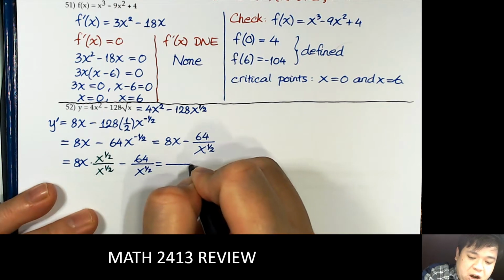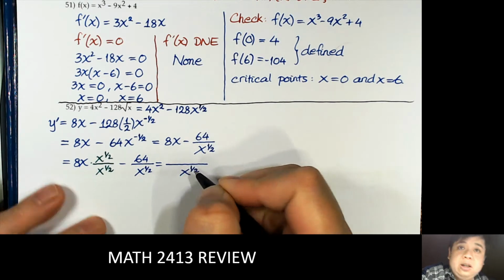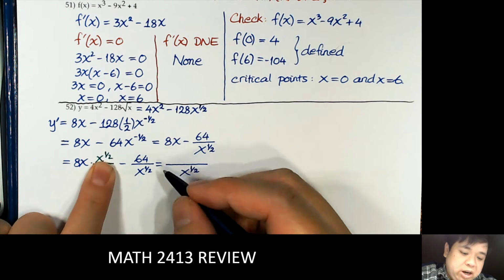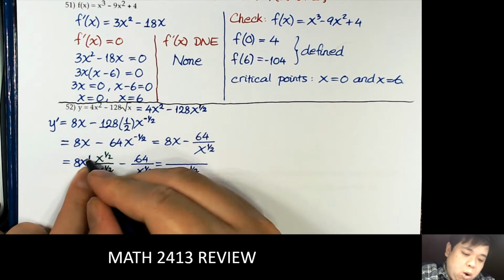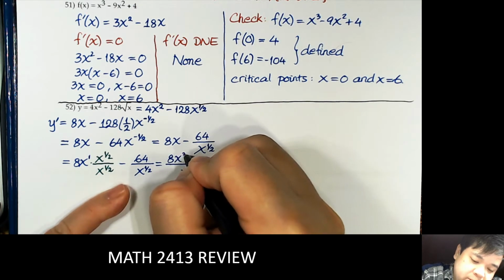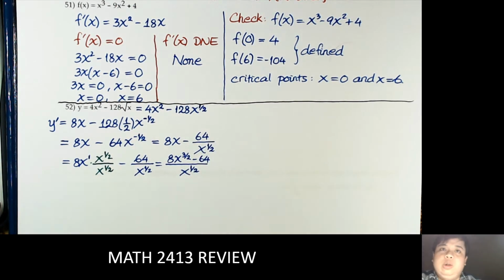So the common denominator is x to the 1/2, and on top we have x to the first times x to the 1/2. 1 plus 1/2 is 3/2, so 8x to the 3/2 minus 64, and that is the derivative. Right, we do the same thing: equal to 0 or does not exist.